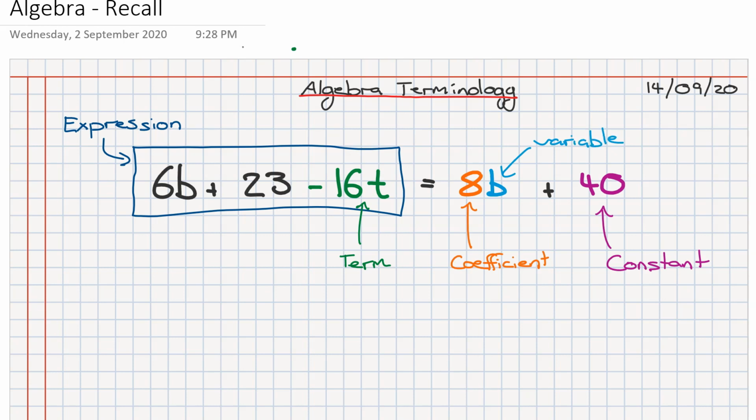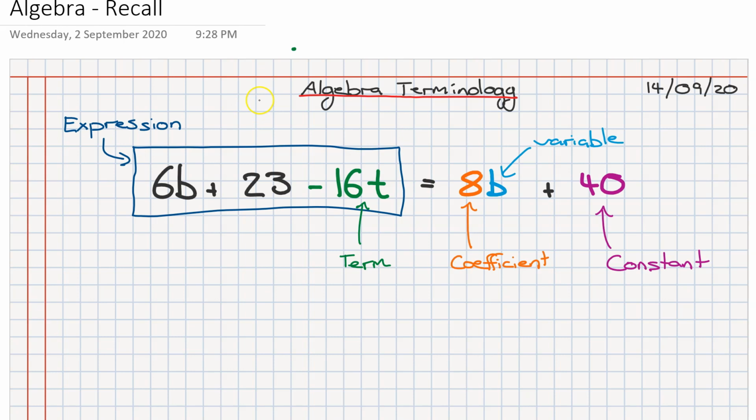The word variable comes from vary, or to change. So the b itself is representative of a number, but the number's not in there, so we call it a variable. So what we've got is a term, so this 8b is a term, and of that term there is a coefficient, the number in front, and a variable, the letter at the back of it.